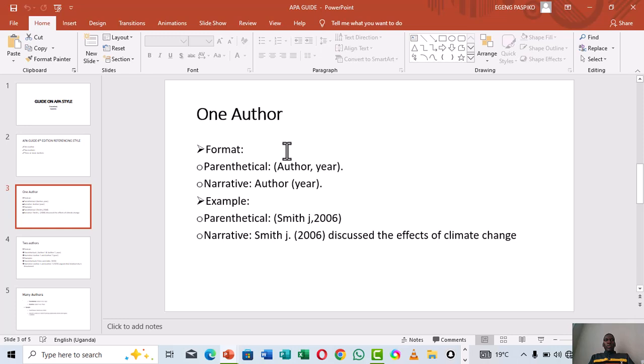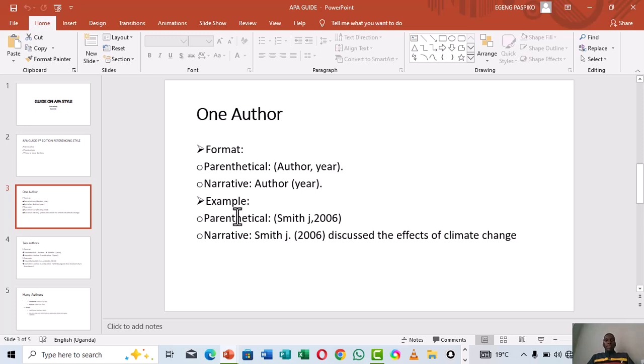You can start with the author, you say the author's name, then the year the author wrote the book or the novel or the journal. That is it. The other way you can write it, the narrative, starts with the author not in a bracket, and you put only the year in a bracket.